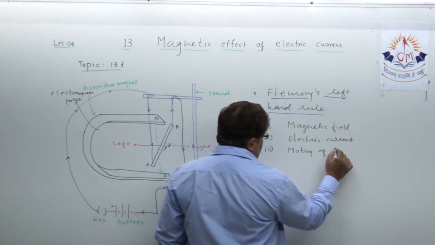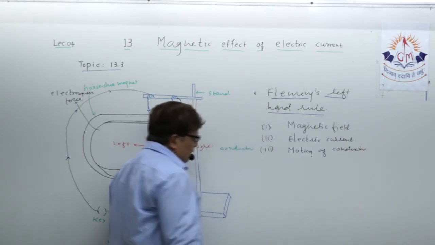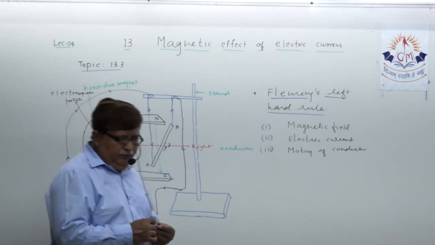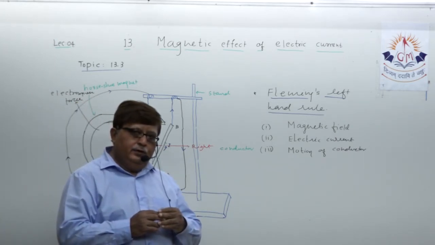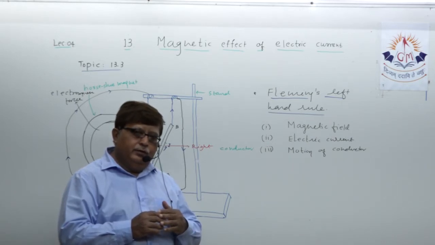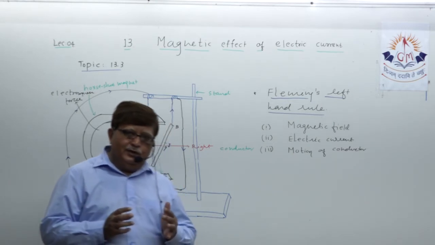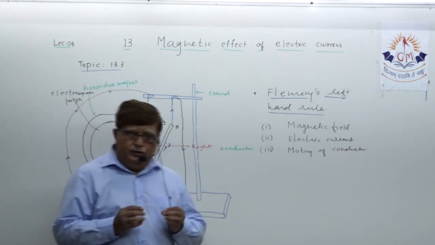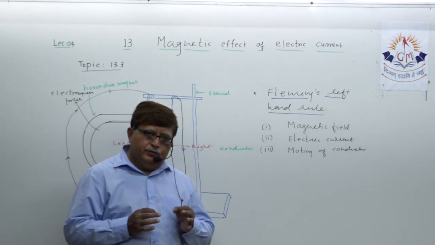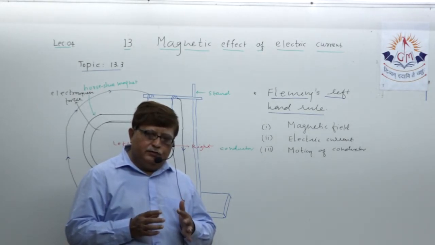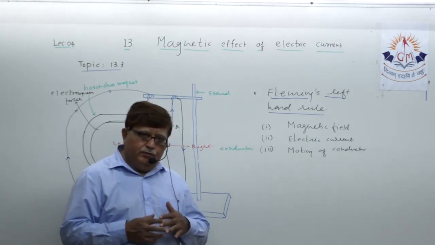Understood? Suppose in the exam you are asked to write Fleming's left hand rule. So dear student, when you write Fleming's left hand rule, you are required to write three compulsory statements which explain Fleming's left hand rule.